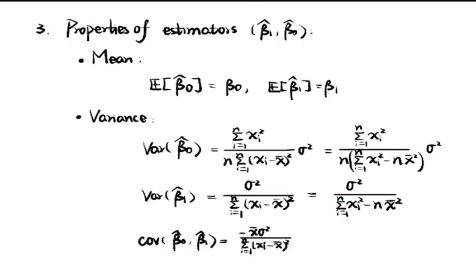Now the next thing we want to do is investigate the property of an estimator. And how can we investigate? If we want to investigate the property of an estimator, we're going to test for unbiasedness. Let me tell you this.